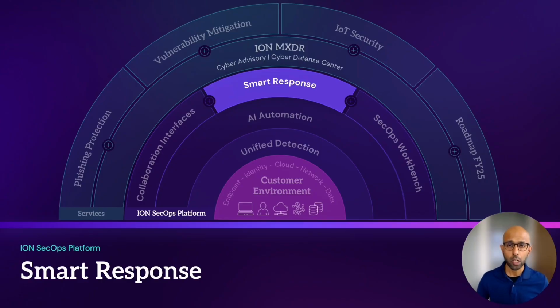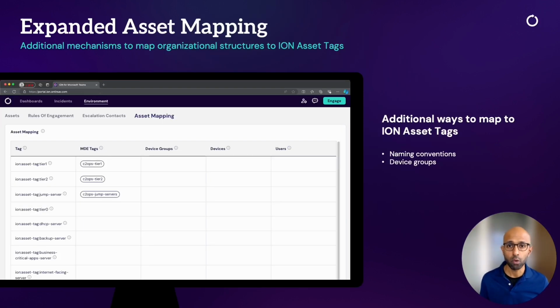Smart Response includes all the components that enable us to tailor the ION MXDR service to your organization's needs, preferences, and risk tolerance. This includes things like the rules of engagement, escalation matrix, response actions, asset mapping, and action cards. Under Environment, you will find an improved, expanded asset mapping section.